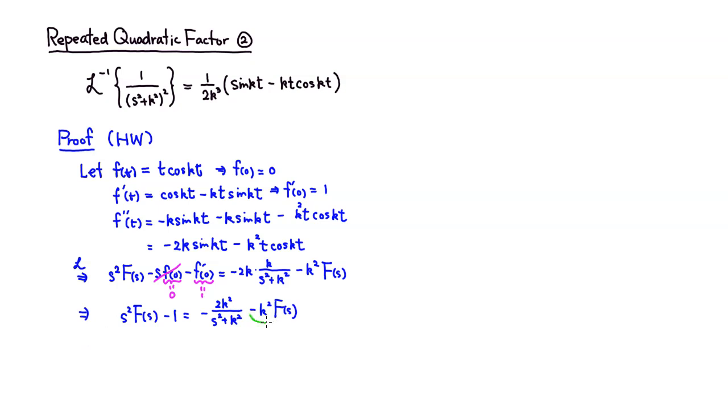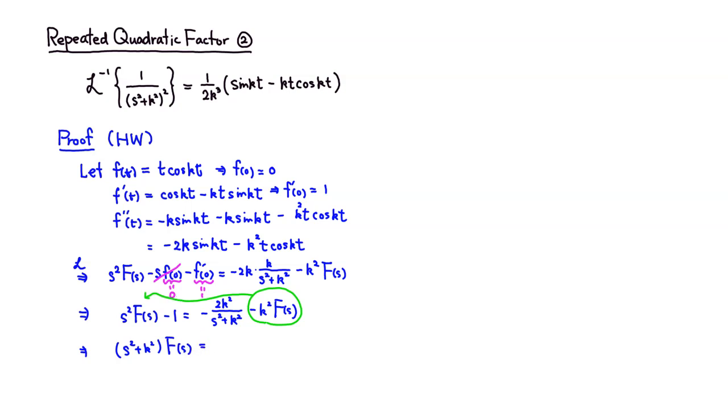I'm going to move this guy over to the other side, right? So we're going to get here, you have s squared plus k squared, and then you have capital F of s is equal to, right?